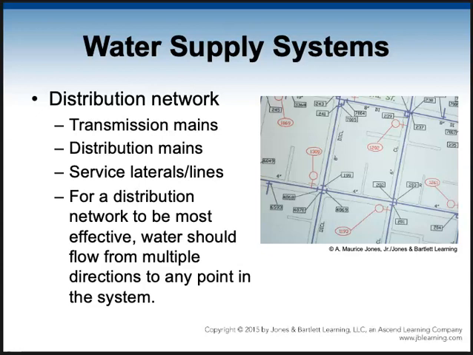And so you can see here in this schematic from a community, there's a distribution network where we have transmission mains, and these are big 12-inch, 24-inch, sometimes even bigger pipe that distributes the water throughout the community. And if you think about it, where's all of this pipe? Where's all this plumbing? Well, it's not going willy-nilly throughout the community.